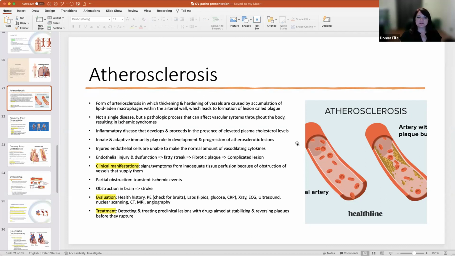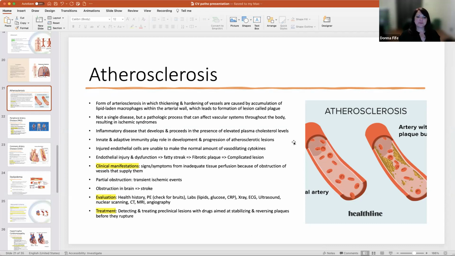This is not a single disease, but a pathological process that can affect vascular systems throughout the body, resulting in ischemic syndromes. It's an inflammatory disease that develops and proceeds in the presence of elevated plasma cholesterol levels. Innate and adaptive immunity play a role in the development and progression of atherosclerotic lesions.